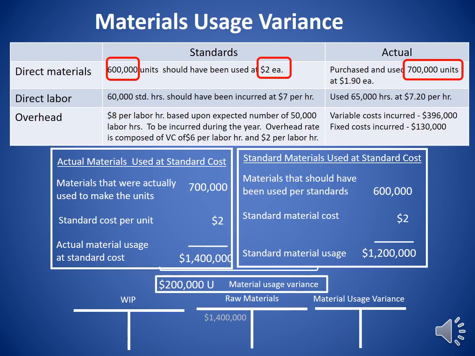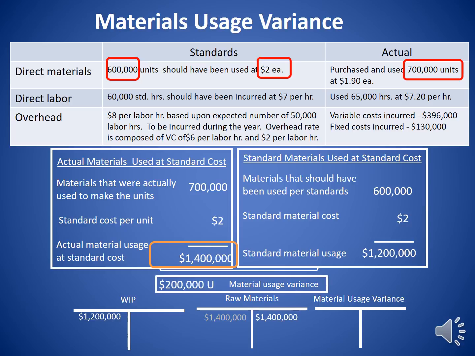Now let's see how we record this transaction in the general ledger. We start off with the standard materials used at our standard cost of $1,200,000, and you can see we debit work in process for $1,200,000.